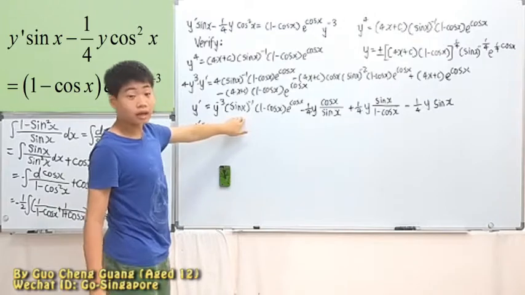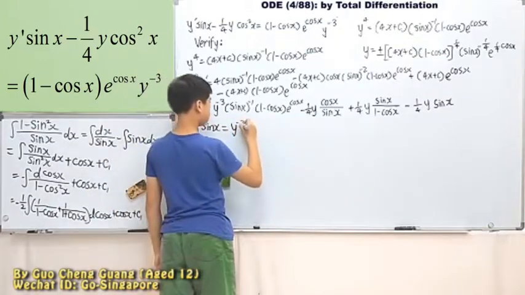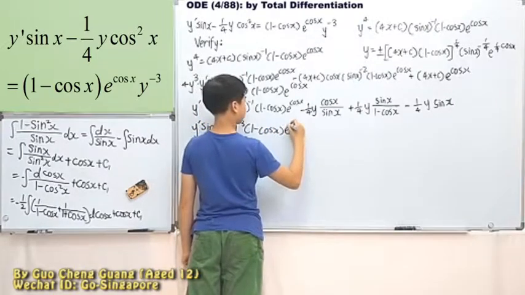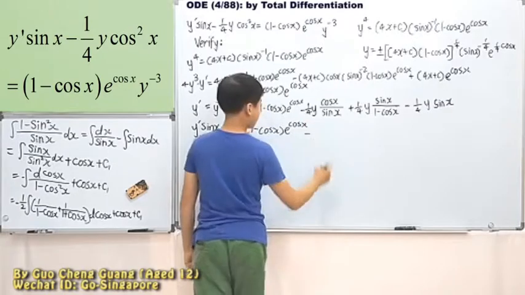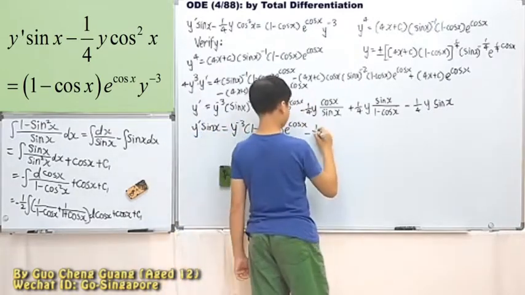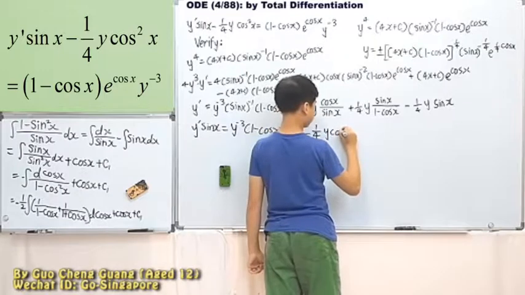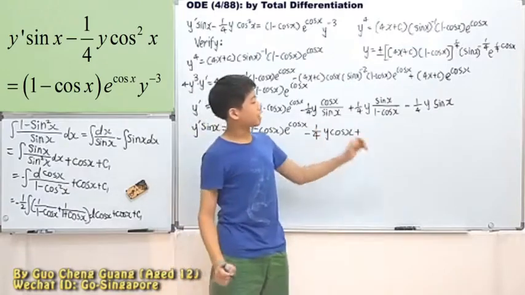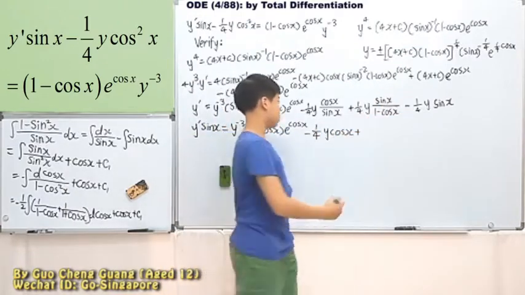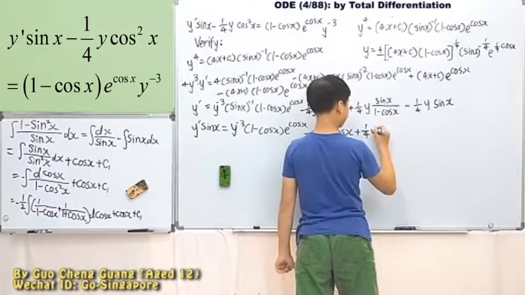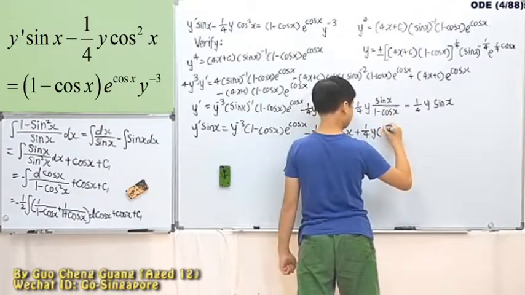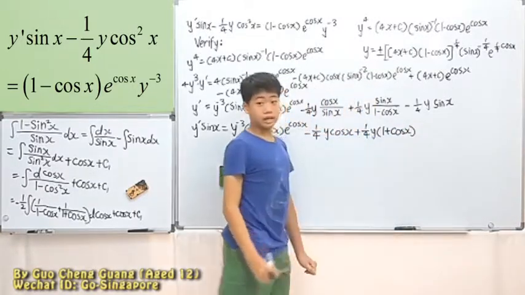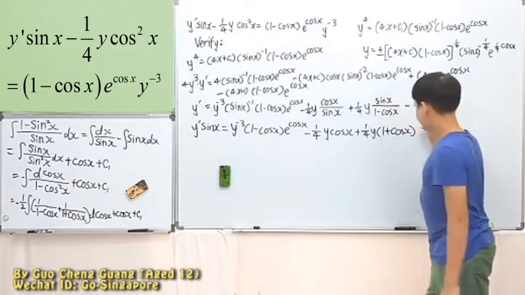Then this part cancels out. Then this part sine also cancels out. Then this part sine squared, well, change it to 1 minus cosine squared x. So what does that mean? That means this part cancels out. Like this. Then after that, what do you get?